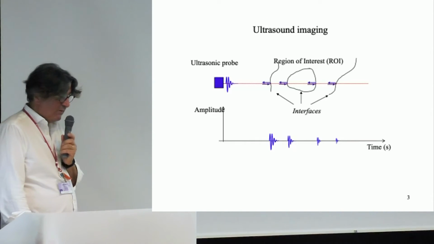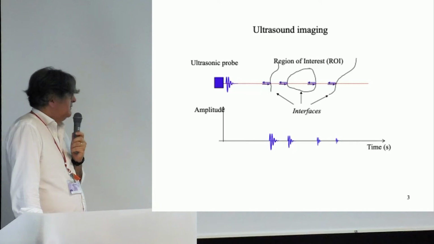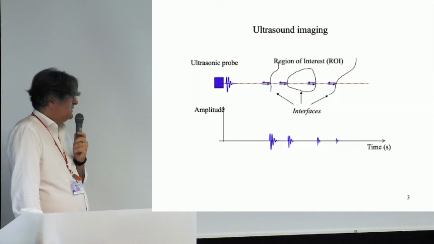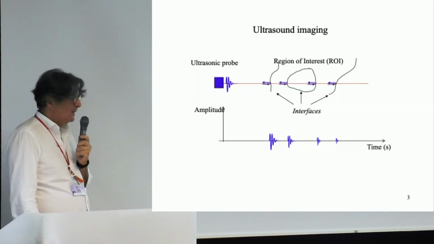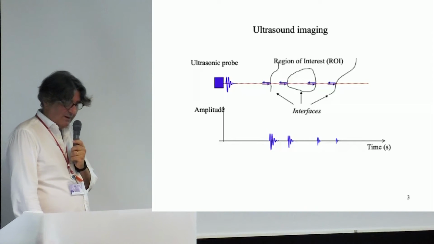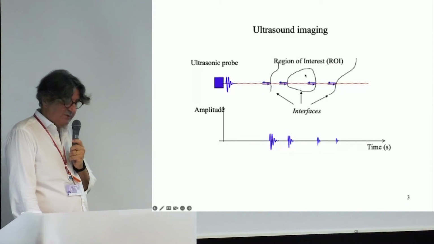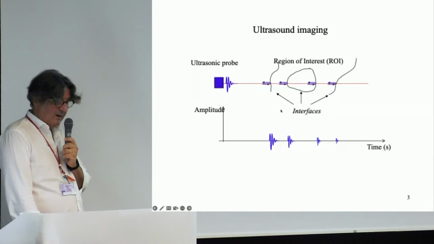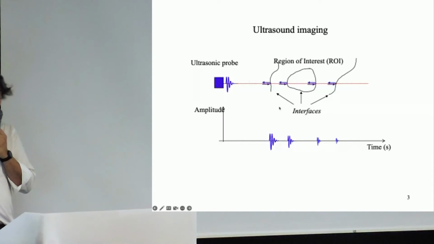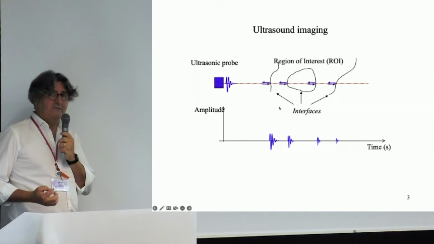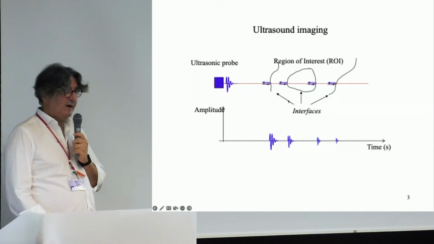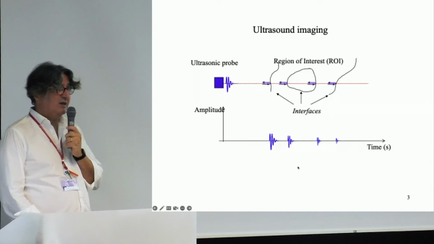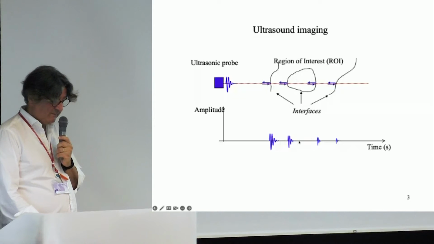So just to remind you of this figure that we have seen yesterday: when you have a region of interest that you want to image, typically you will have an impedance mismatch between various regions. At each impedance mismatch, you will have a reflection coefficient, which means that you will have a reflected wave that will generate various echoes.